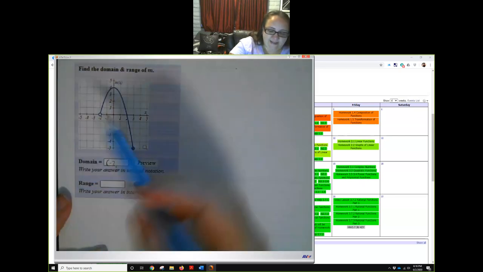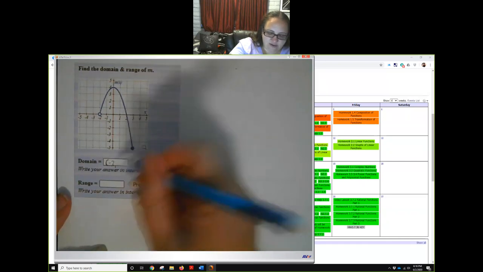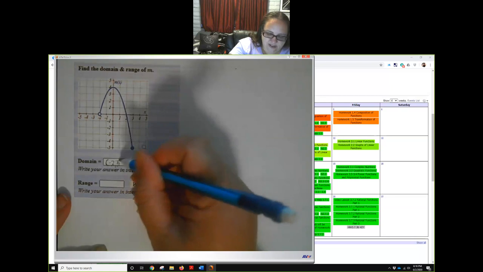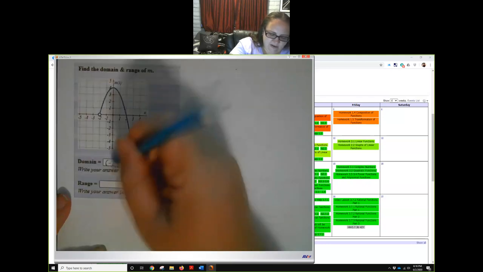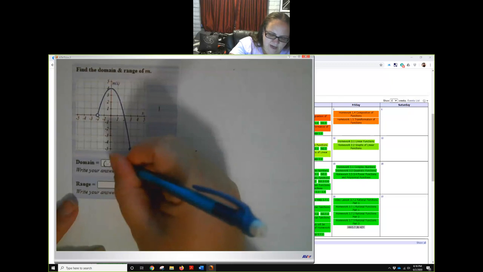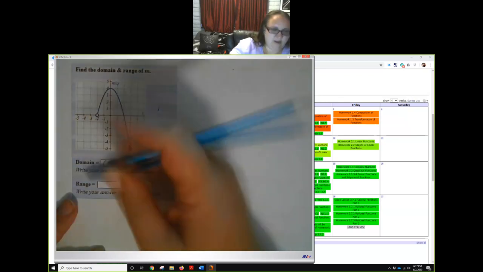The furthest right it goes is 3, and 3 has a closed circle, which is a symbol of inclusion. So 3 gets a bracket. So that's -2 to 3: parenthesis -2, comma 3, bracket. Here you go.